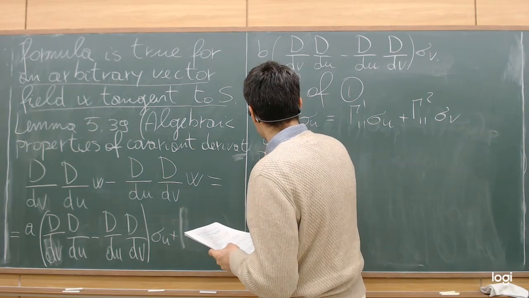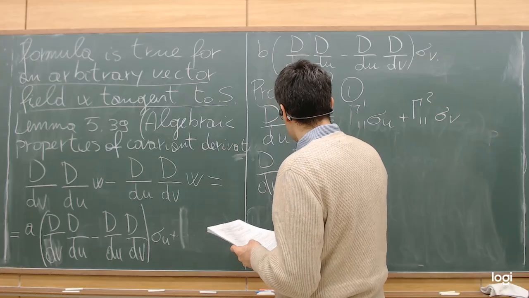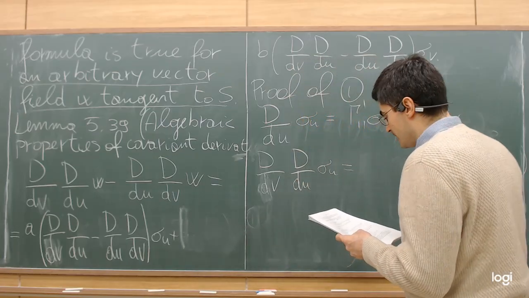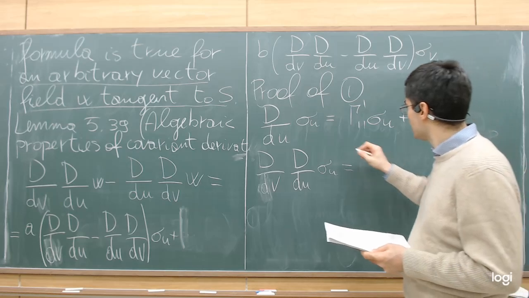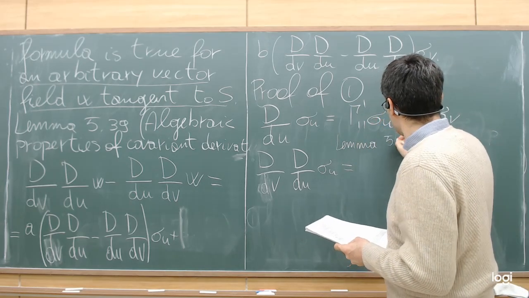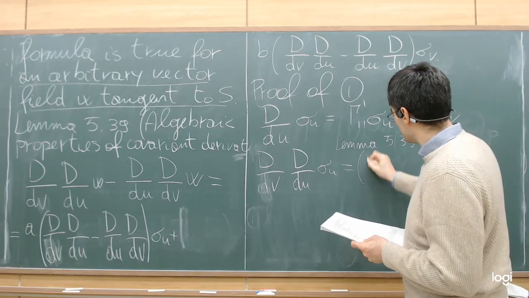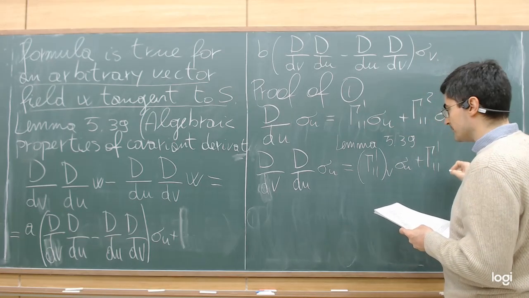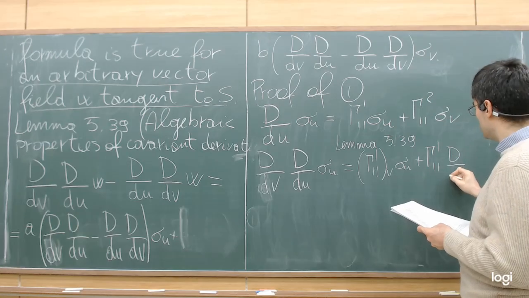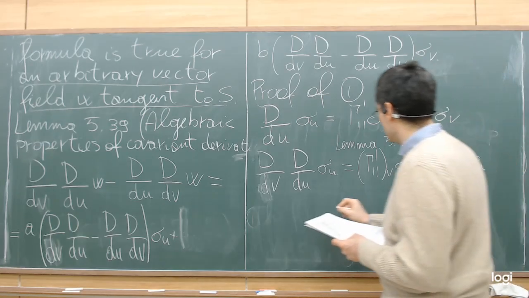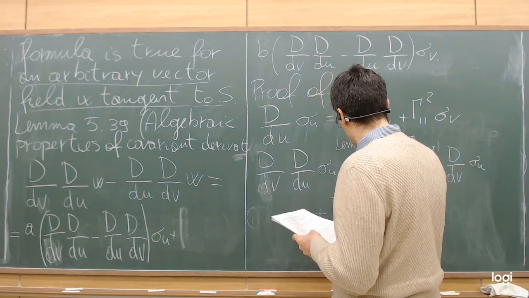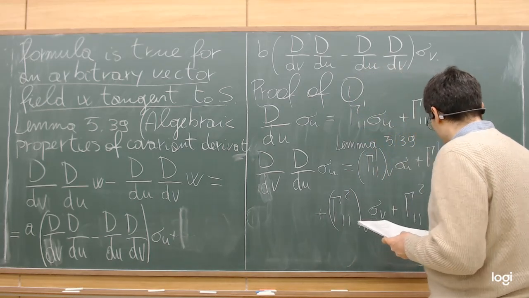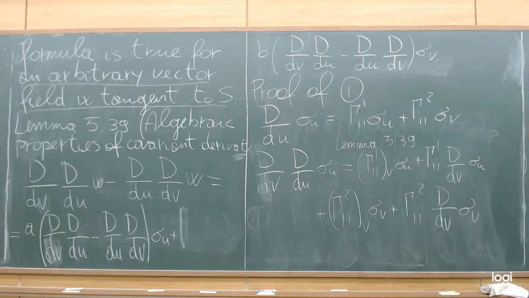Then this implies, using once again lemma 5.39, that d_v d_u sigma u is gamma 11 v sigma u plus gamma 111 d_v sigma u plus gamma 112 v sigma v plus gamma 112 d_v sigma v. So I got 4 terms.